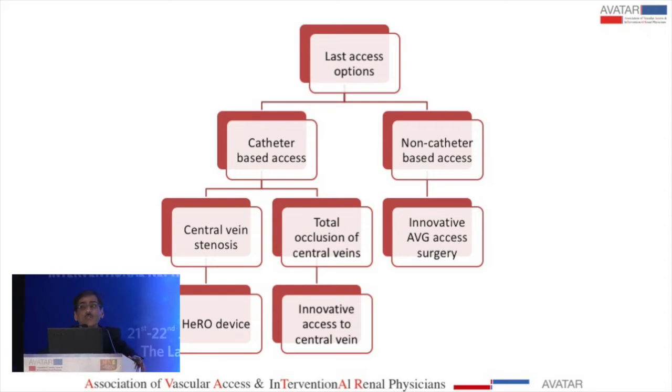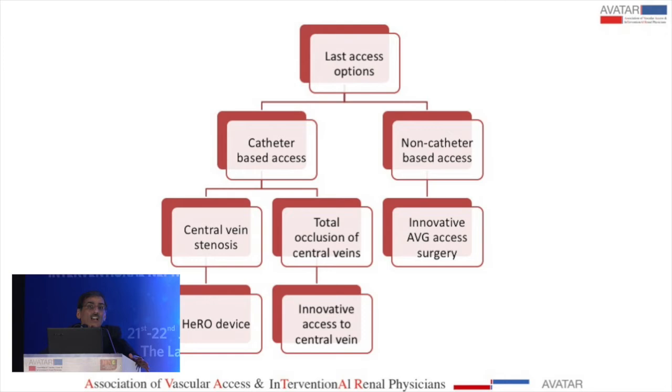If there is a total occlusion of the central veins, then you really have to look into innovative axis such as the transhepatic or transrenal. That's completely an option when the central veins are totally occluded. There are catheters that are placed straight into the right atrial appendage.